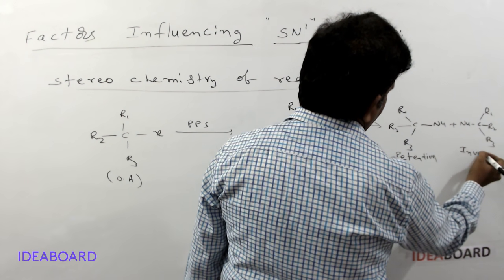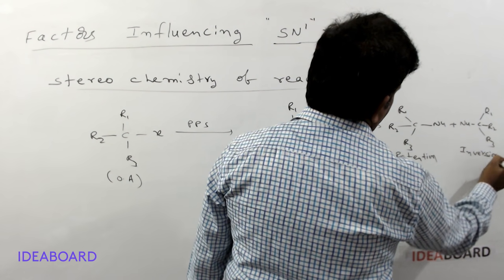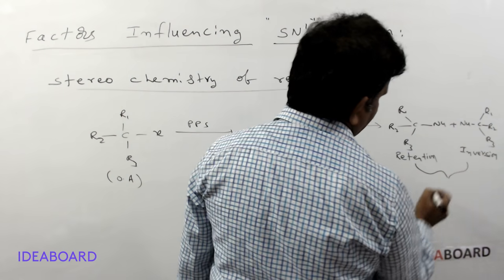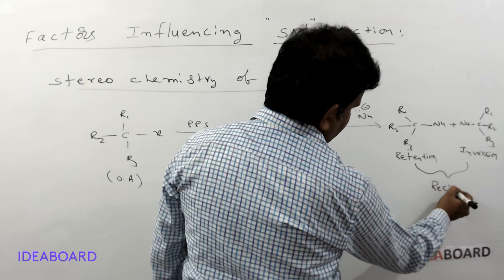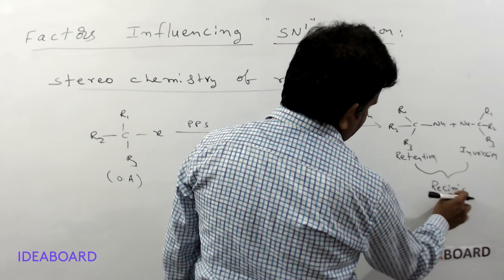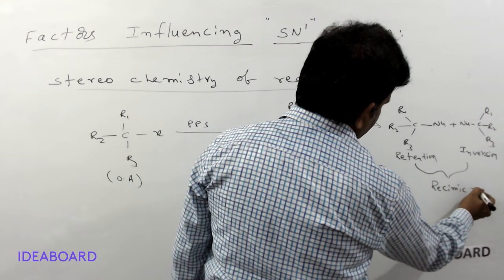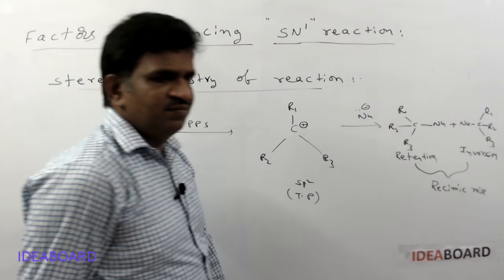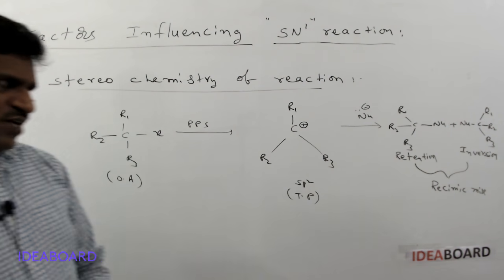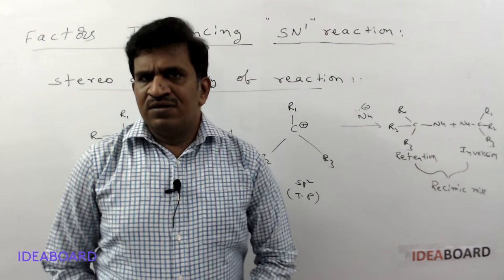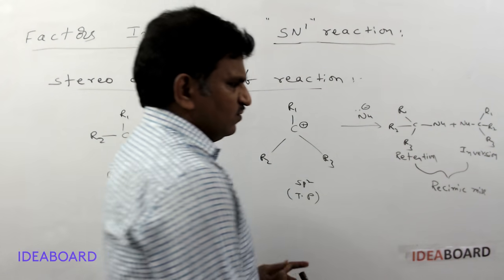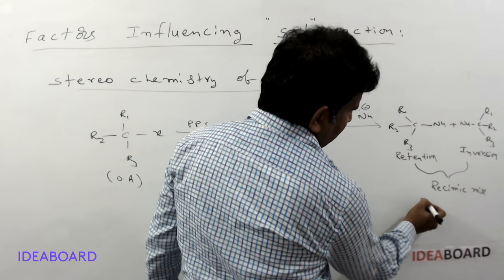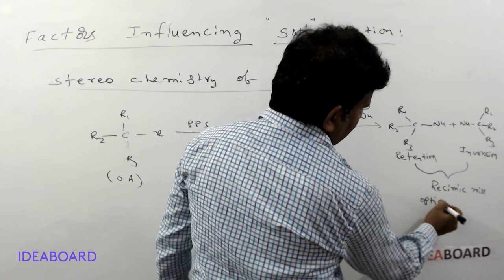So what is mainly formed? A mixture of retention and inversion product is formed. What is this? It is called a racemic mixture. Is a racemic mixture optically inactive or optically active? It is optically inactive.